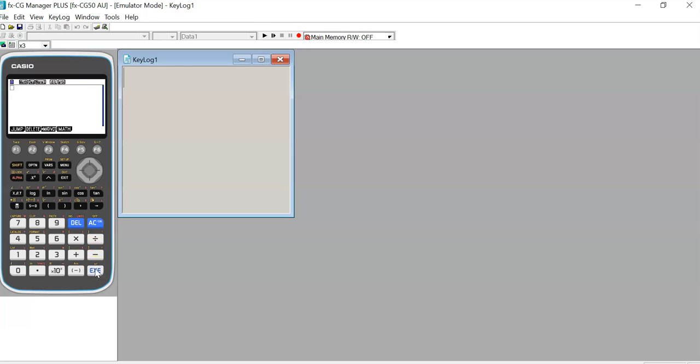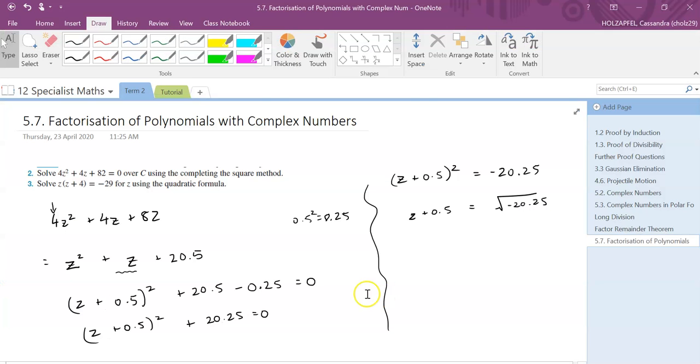So now what we're going to do is the square root of negative 20.25, and this should give me a solution in complex mode. So 9 halves i. All right, so let's jump back and write that.